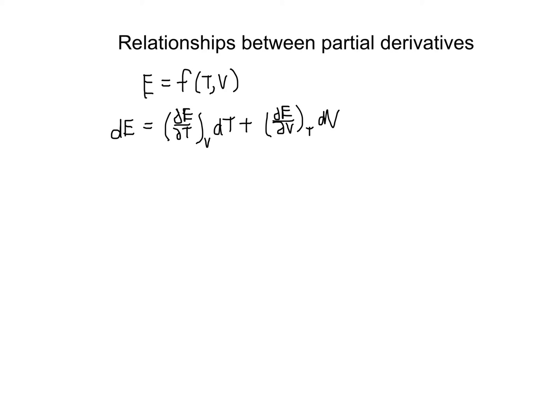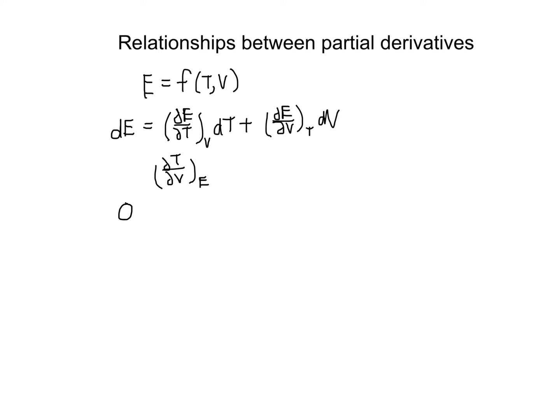Let's imagine that we want to look at how the temperature changes with volume at constant energy. If I keep the energy constant, then dE is equal to 0.